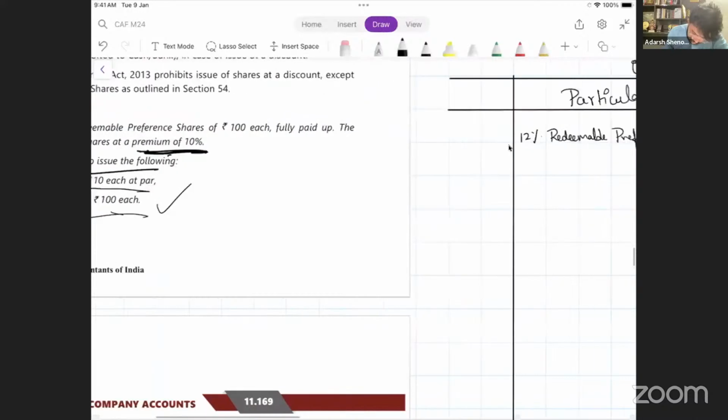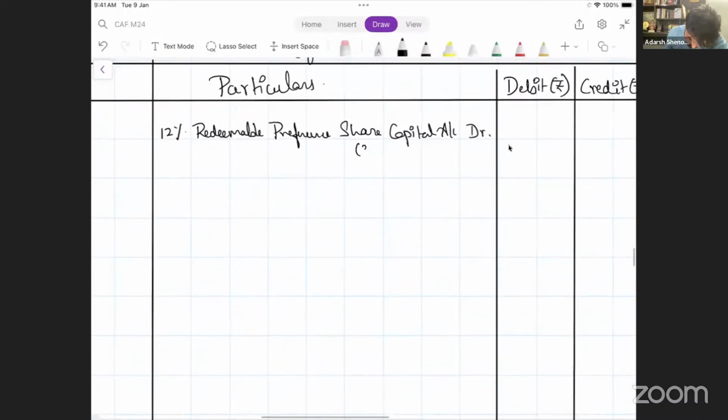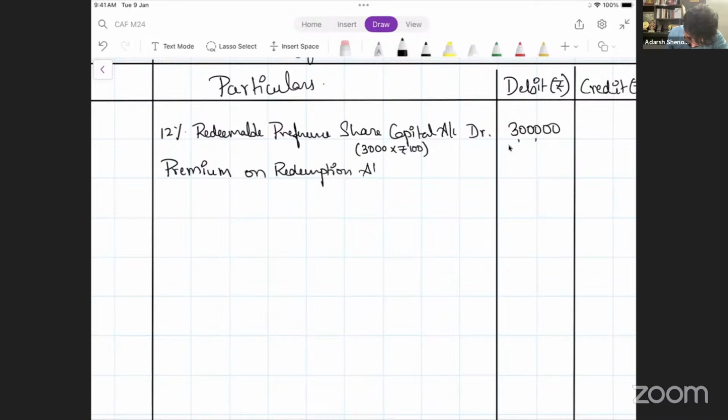Three lakhs, 3,000 into 100. Premium on redemption account debit. It's 10%, right?